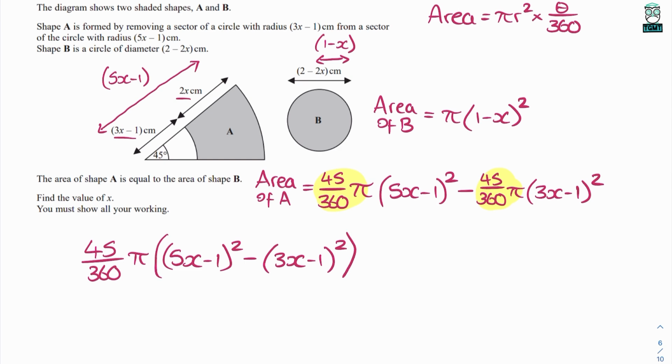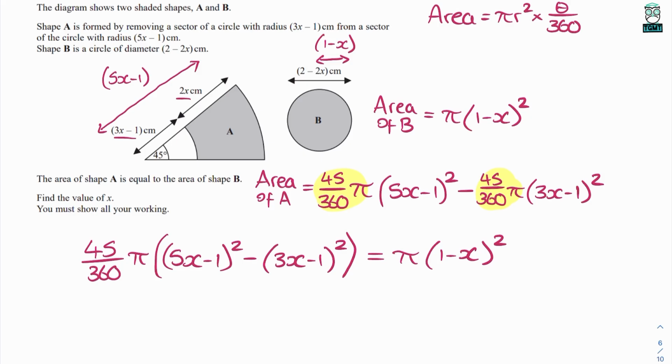So that's how we write that and bring that 45 over 360 pi out. That is all going to be equal to the area of B, which is pi times 1 minus x squared.